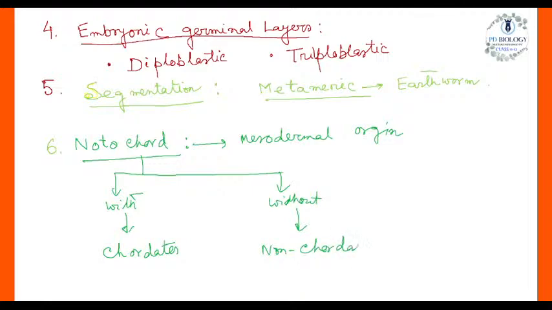So is it clear to you all? The 6 bases of classification: level of organization, body symmetry, nature of coelom, embryonic germinal layers, segmentation, and notochord.